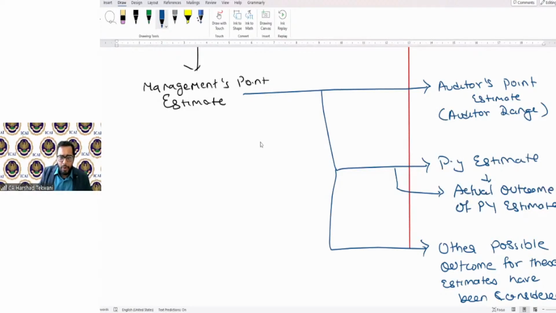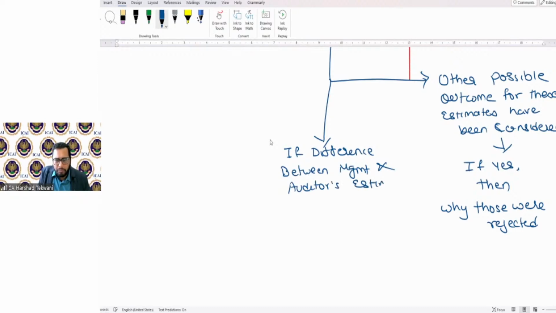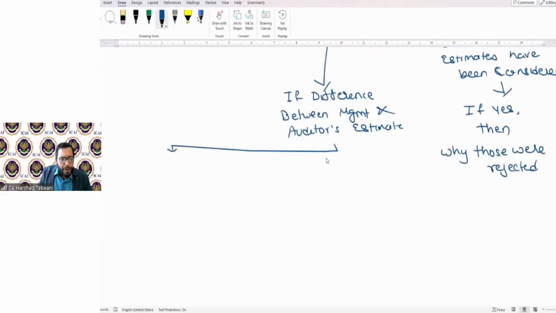If there is a difference between management's estimate and auditor's estimate, then what you need to do is evaluate the suitability of the method and assumptions used by management.